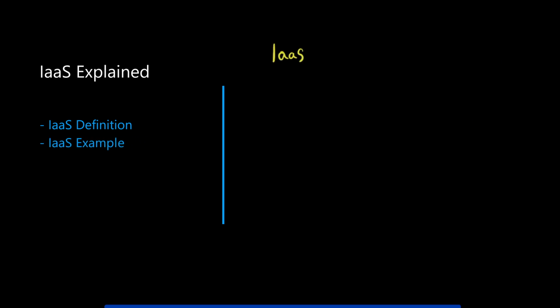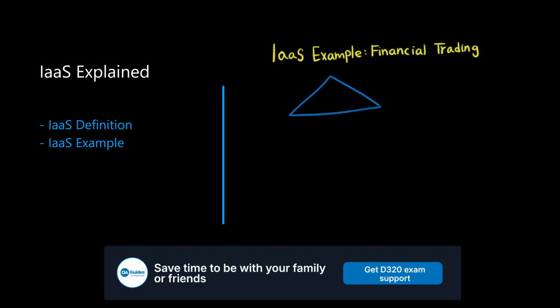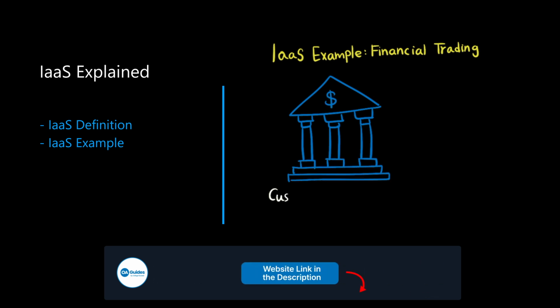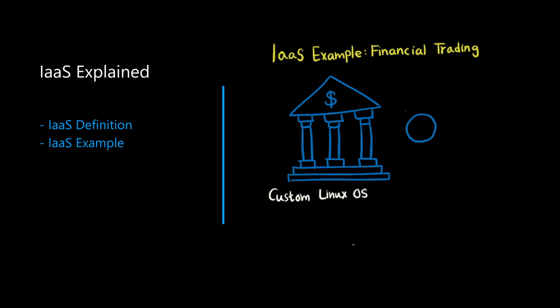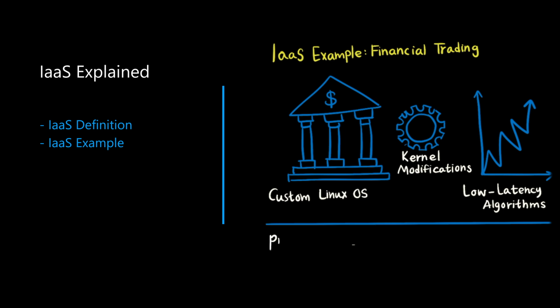Let me share a practical scenario to cement this concept. Imagine a financial services company that has developed proprietary trading algorithms running on a highly customized Linux distribution with specific kernel modifications for low-latency processing. They choose IaaS because they need complete control over the operating system configuration, can install their specialized software stack, and can tune every aspect of the system for optimal performance.